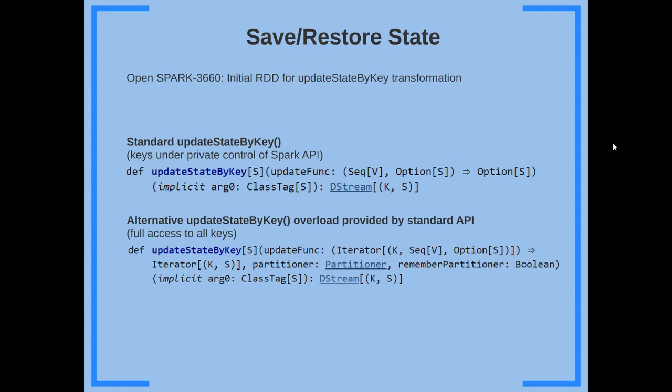There's another function signature available for updateStateByKey. In your callback, I still call it a callback, sorry functional people, you receive 3 parameters instead of 2, and you output 2 values instead of 1 value. What it is, is that you get to see all the keys at the same time, and then you return all the keys and all the states all at the same time.